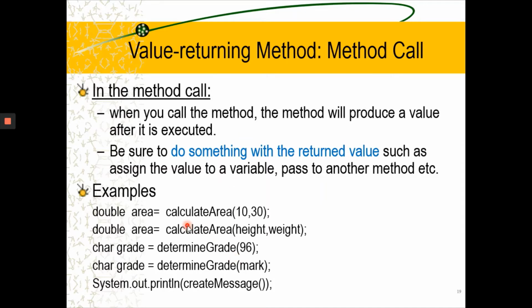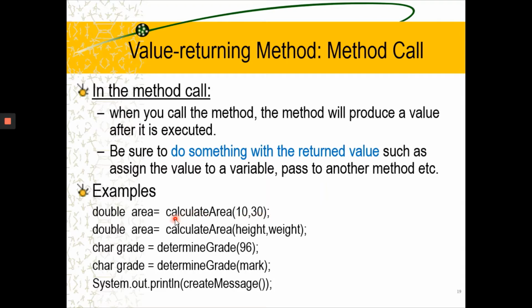So you have to declare one variable to grab the value that is returned by the method, or you can directly print out the value that the method returns. Examples are given here. So you have the method call, calculate area. For example, you send 10 and 30.